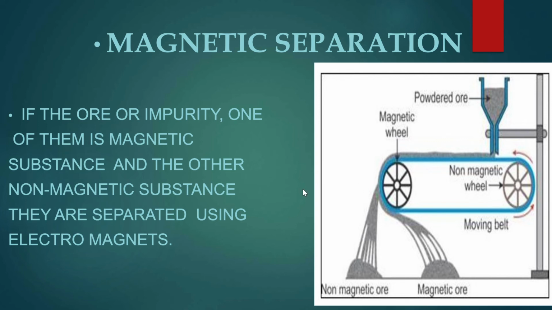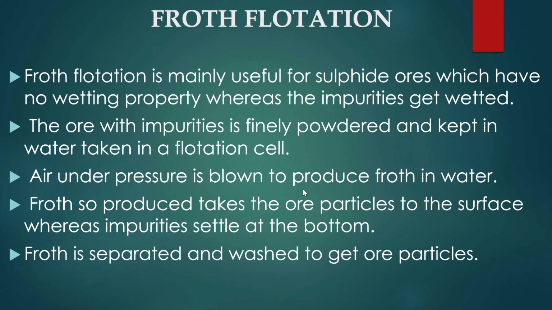Coming to the last ore dressing method, froth flotation. Froth flotation is mainly useful for sulfide ores which have no wetting property, whereas the impurities get wetted. Wetting property means that when you allow the ore to mix with water, these ores do not get wet, whereas the impurities get wet.